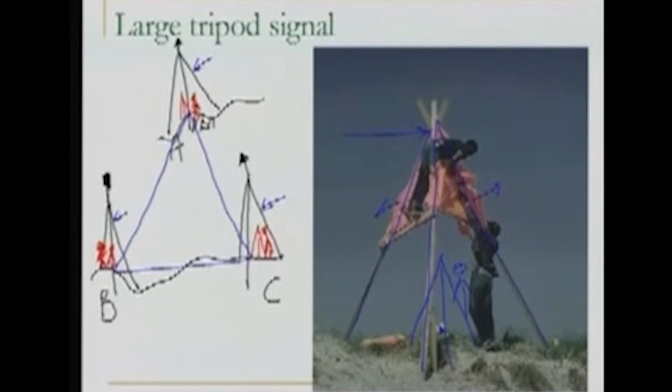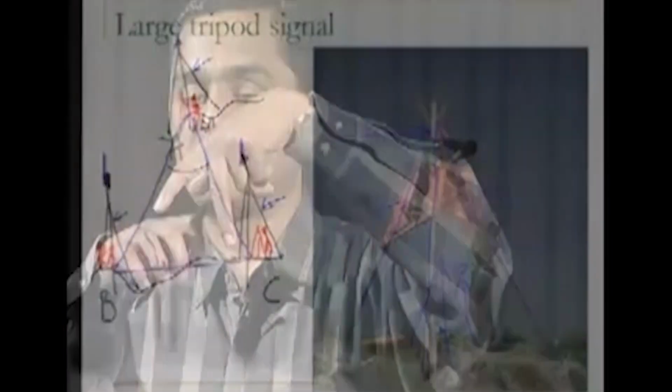So the observer here can bisect the signal here and the signal here in order to observe this angle. Similarly, the observer here will bisect the signal here and the signal here to observe this angle. So we have a situation where under the tripod there is an observer with the instrument, with the theodolite, and this is how this triangulation is carried out, or the angles are measured in the field.